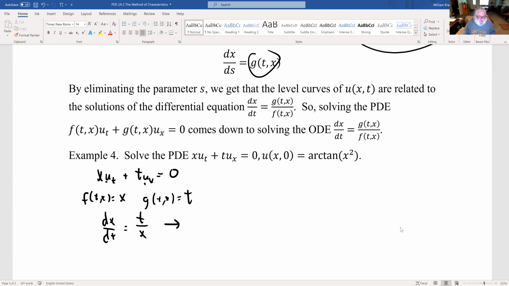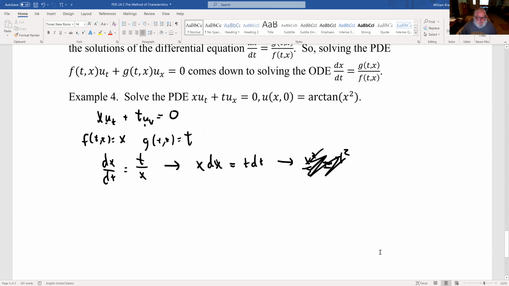So what's that? We can separate our variables, get x dx equals t dt, gives me x squared over 2 equals t squared over 2. Oop, I left out a step. Sorry about that. So separate the variables by getting all your x's on one side, all your t's on the other side. So we multiply both sides by dt and by x.